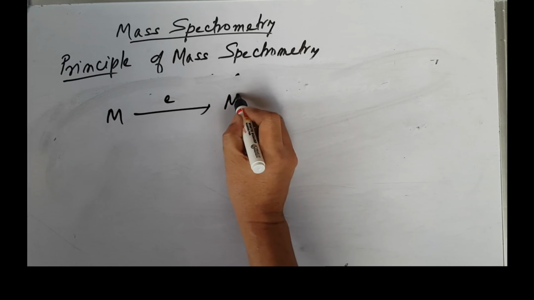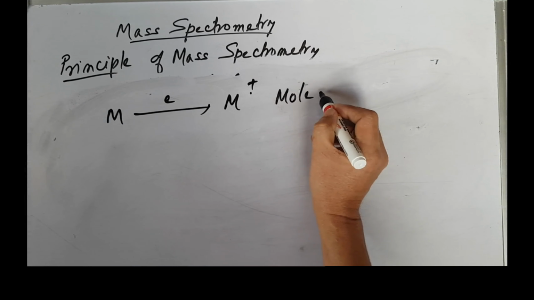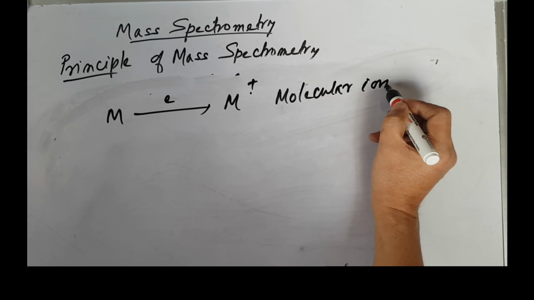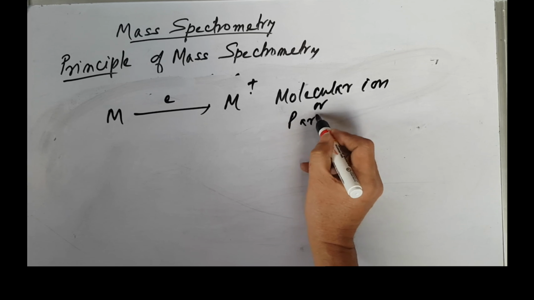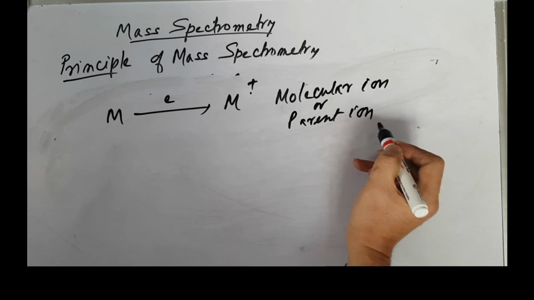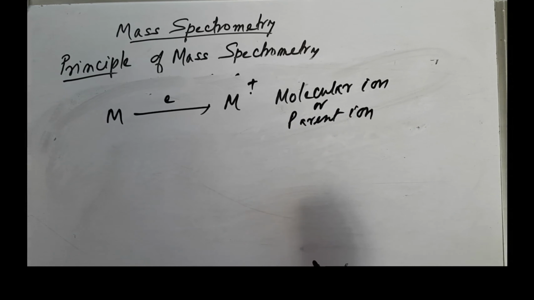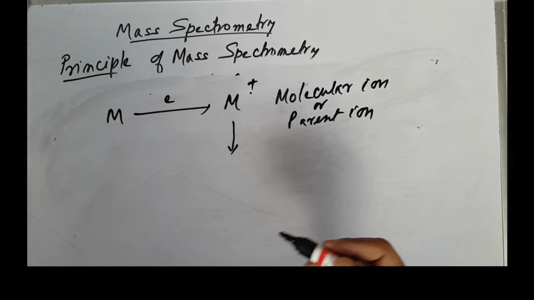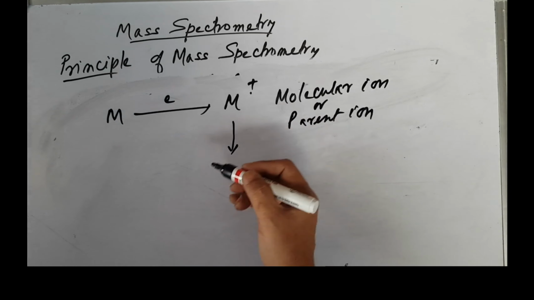This cation radical is generally known as the molecular ion, or parent ion. This parent ion can undergo further decomposition or fragmentation by bombarding with high energy electrons.